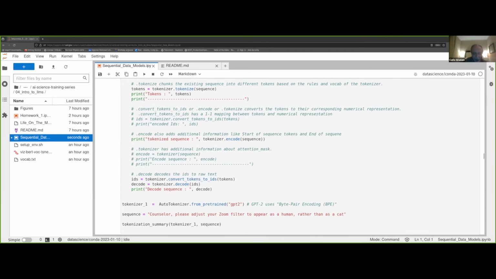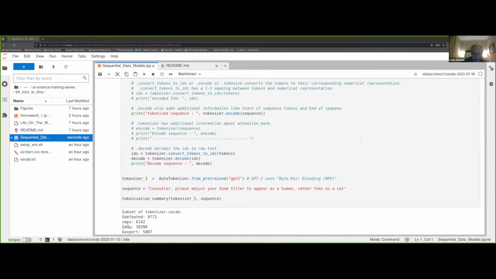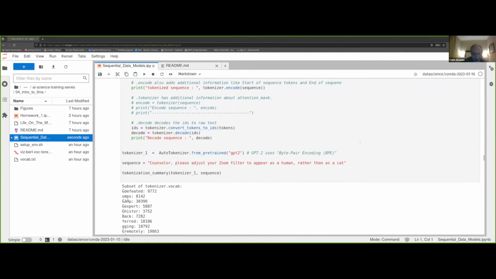So let's scroll down a bit. Here we've chosen the tokenizer. This is just the syntax for using this library. And the sequence that we've given it is, "Counselor, please adjust your zoom filter to appear as a human rather than as a cat," which I think is one of the greatest phrases in American legal history. You can probably find it in the news.